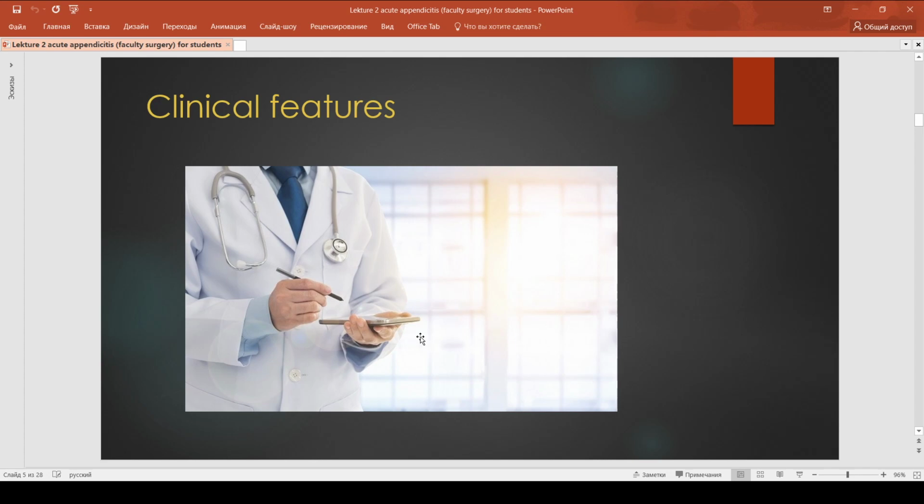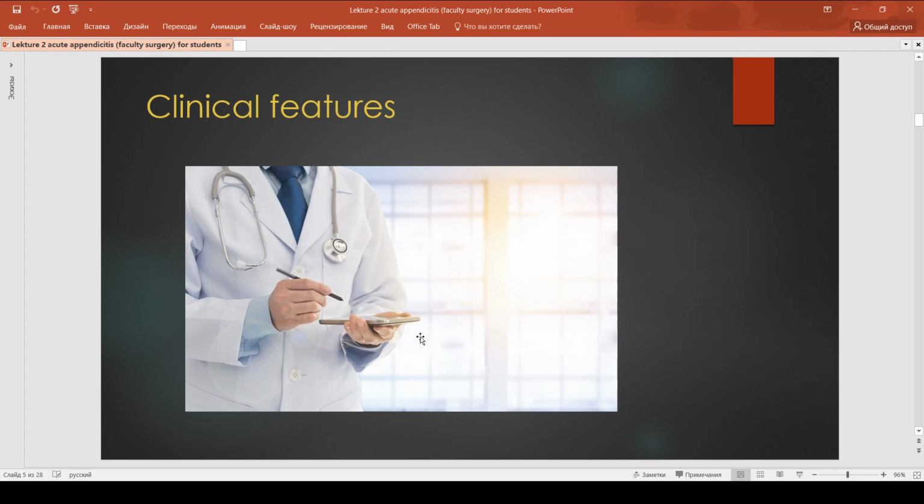Right lower quadrant guarding or rigidity, rebound tenderness, Blumberg sign, especially in the right lower quadrant. Rovsing sign: right lower quadrant pain elicited on deep palpation of the left lower quadrant, because the inflamed appendix is touched by the gases which go from the sigmoid colon to the cecum.